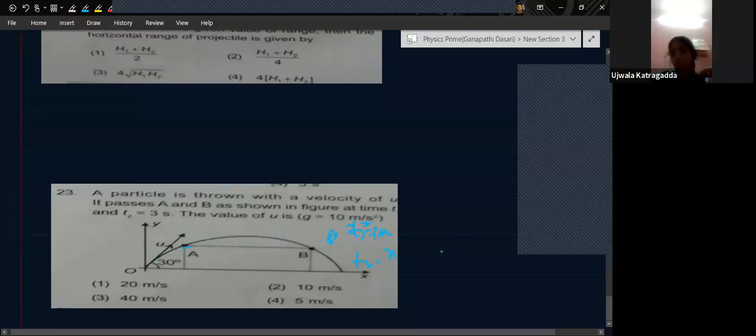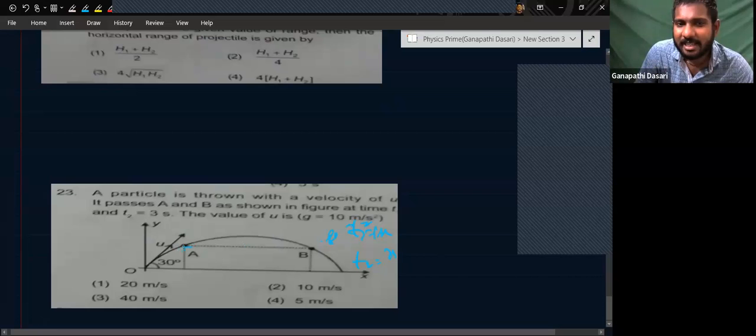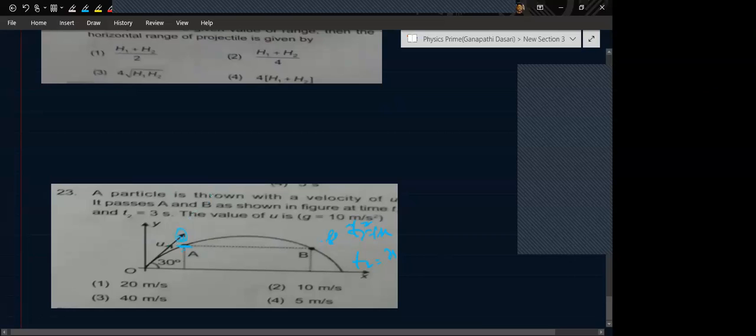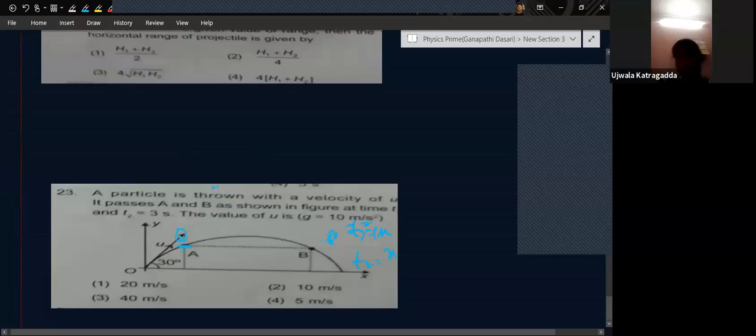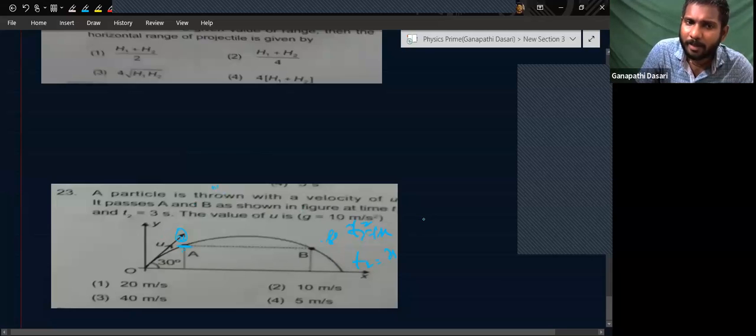Same height means, can we consider an imaginary velocity here? Consider the vertical velocity u1. At the same height, the time to go up and come down again will be the same. If I consider the velocity there to be some u1, 2u1 by g is nothing but 2 seconds, isn't it?